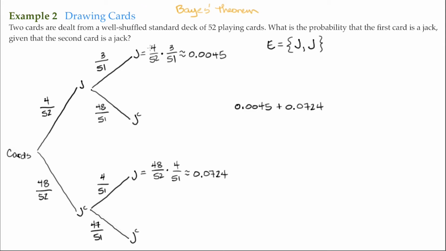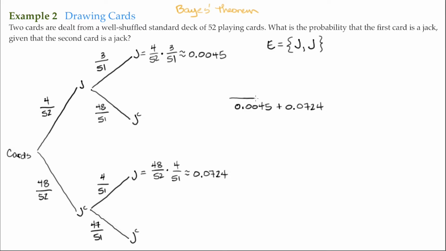But this is the one that we're concerned with. What is the probability that the first card is a jack, given that the second is a jack? Well, here's the probability that the second one is a jack. But we want to know, of that, the first one is a jack. Well, here it is here. Jack and jack.